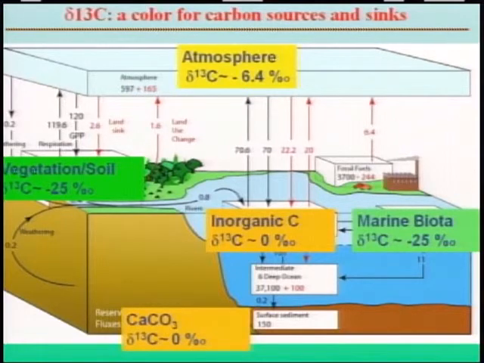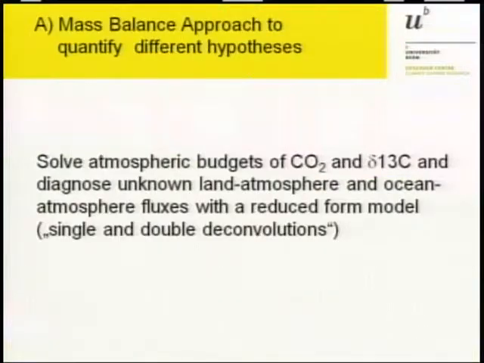Then we have the inorganic carbon in the ocean in the form of dissolved inorganic carbon, or in the form of calcite sediments, or in the form of coral reefs, and this has an isotopic signal that is close to the reference ratio, and the atmosphere is somewhere in between those source regions, so to say. So if we add isotopes from one of those different reservoirs, this will have a different impact on the atmospheric signal.